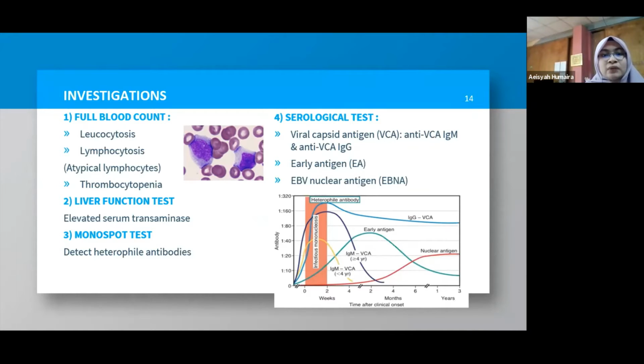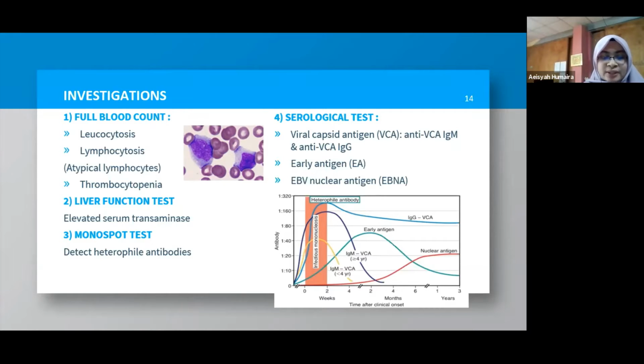Second is liver function test, where most patients have elevated serum transaminase. But the full blood count and liver function test just support that this is an EBV infection. To confirm the diagnosis, we need to do the monospot test and serological test.